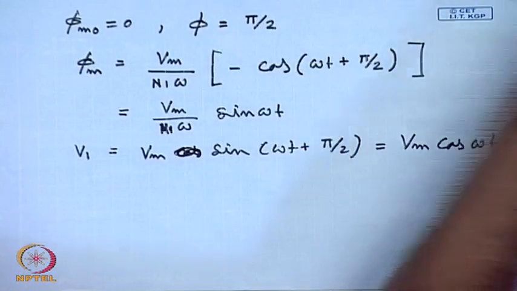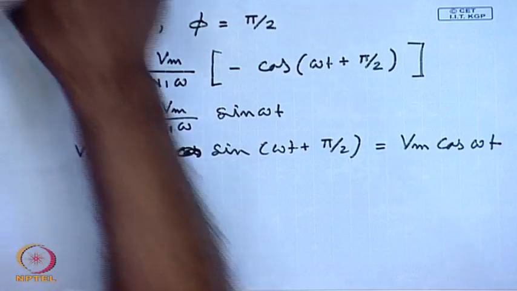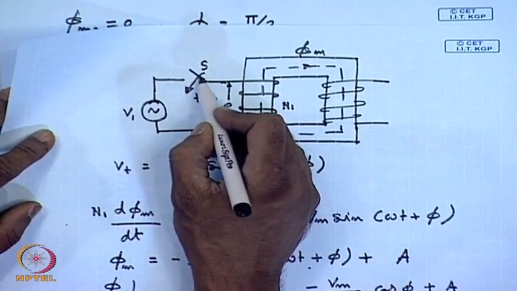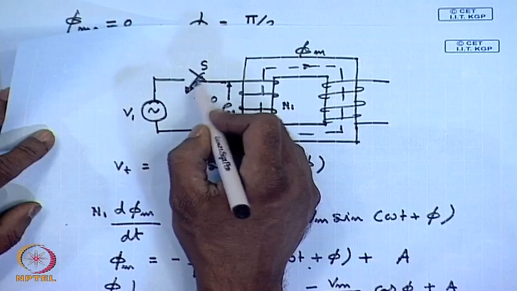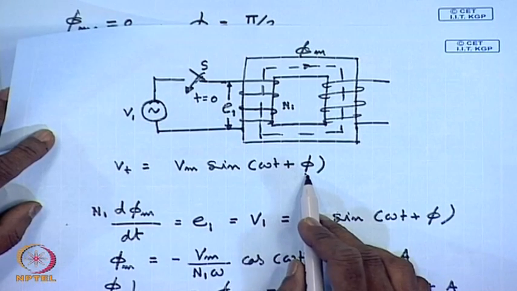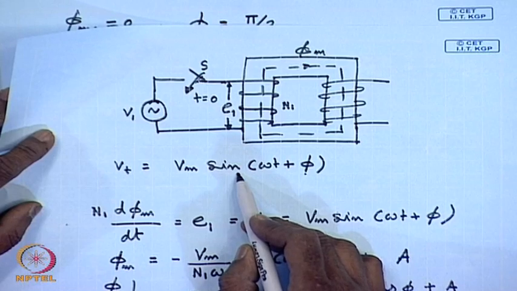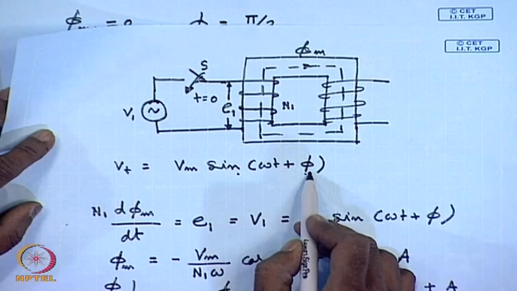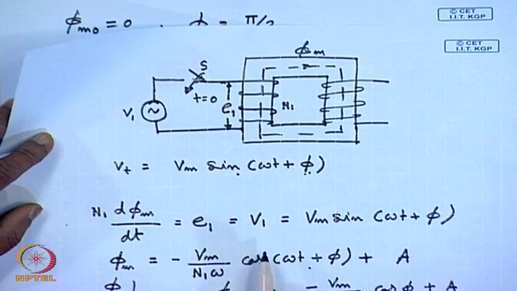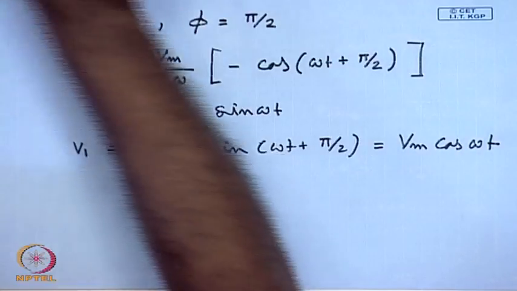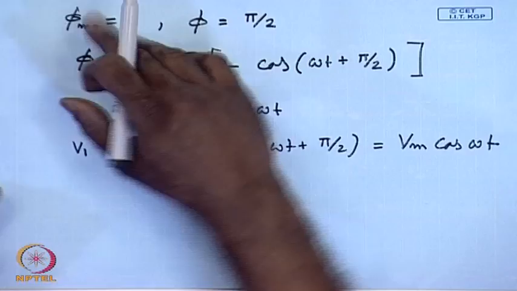Now, it should be noted that changing phi means changing the instant at which the switch is closed. Phi equal to 0 means we close the switch at the positive going 0 crossing of the voltage waveform. Phi equal to pi by 2 means we close the switch at the peak of the voltage waveform, and in those two cases we find that the transient expressions of phi m are very different.